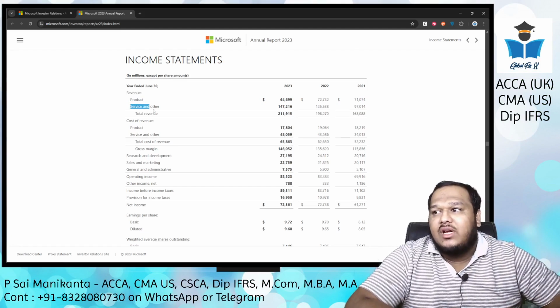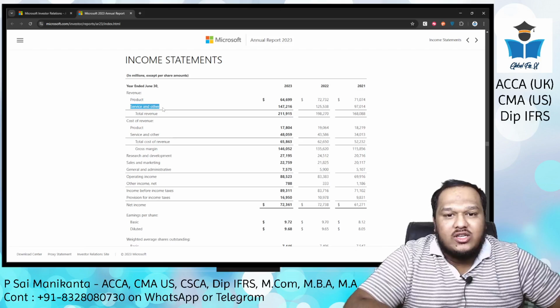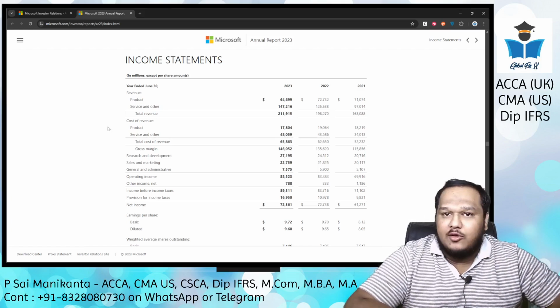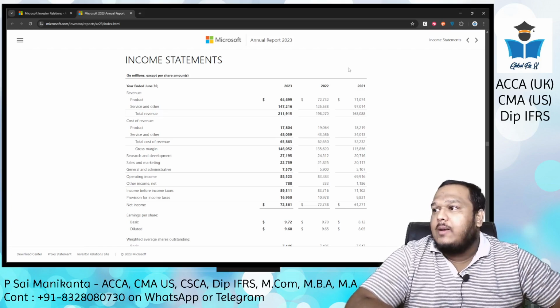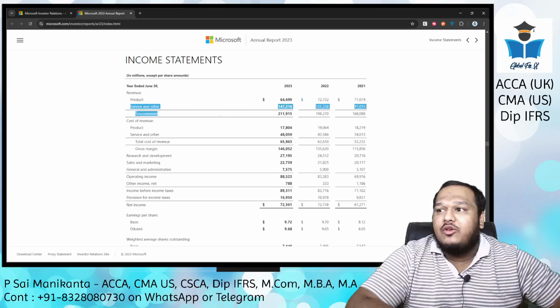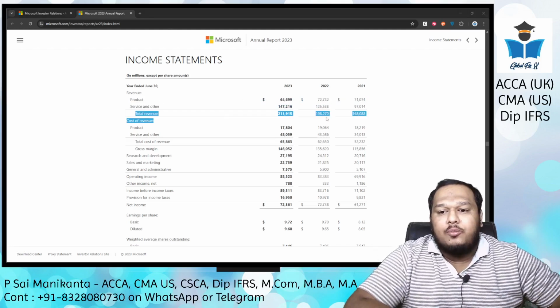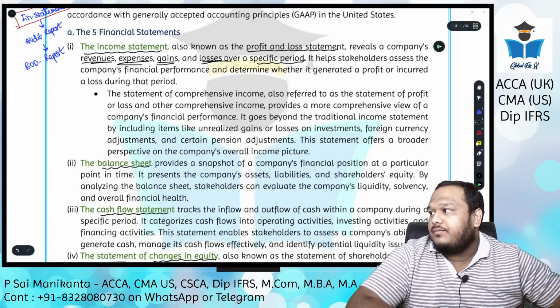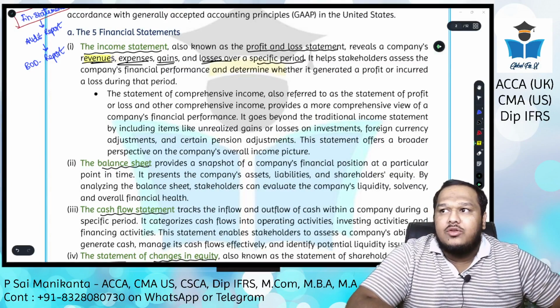Then sale of services and others, their Microsoft Exchange, Microsoft Defender services, all those additional services that Microsoft offers, OneDrive, etc. So what is the sale of product related revenue and what is the revenue from services, and then total revenue. So the first part of the profit and loss talks about what? Revenues, right? The revenues of the company.